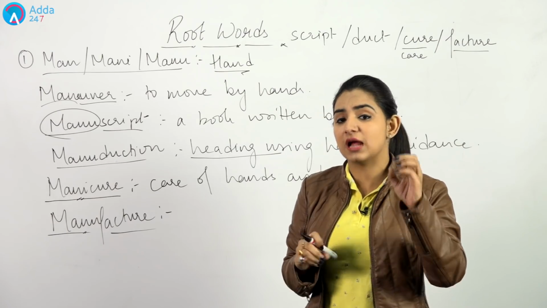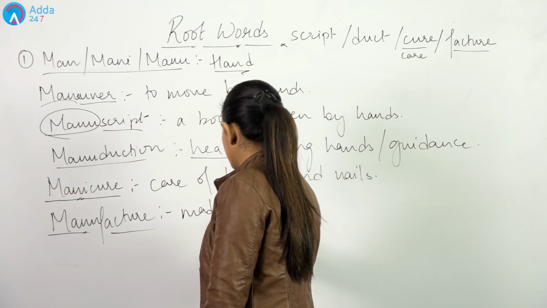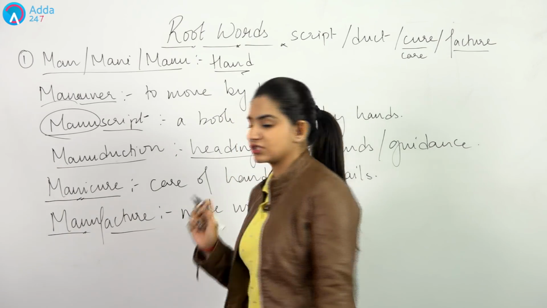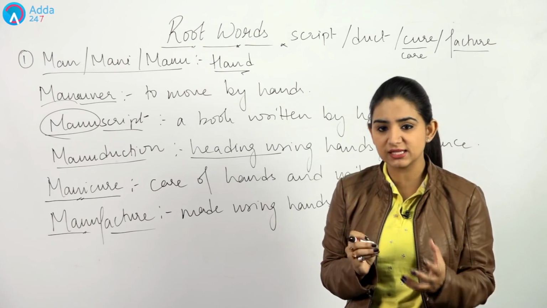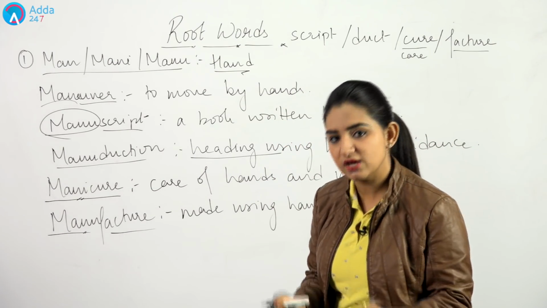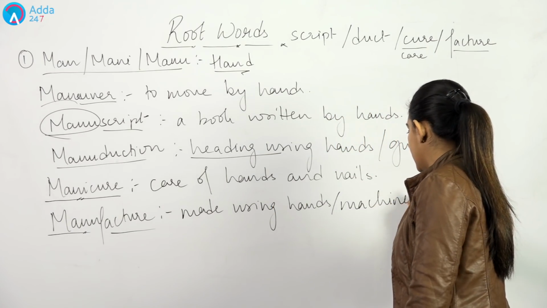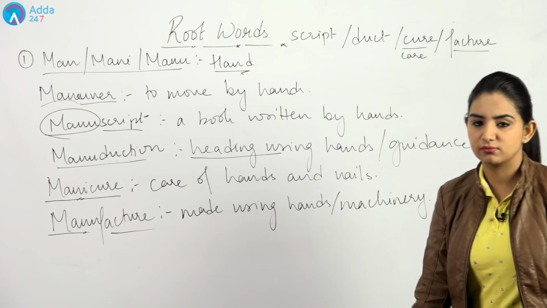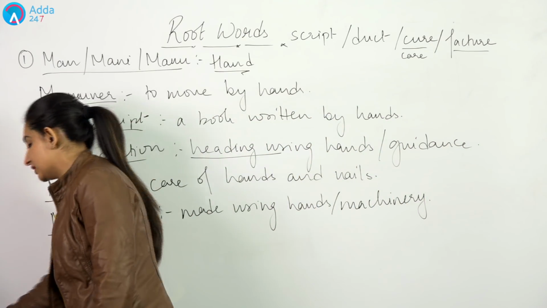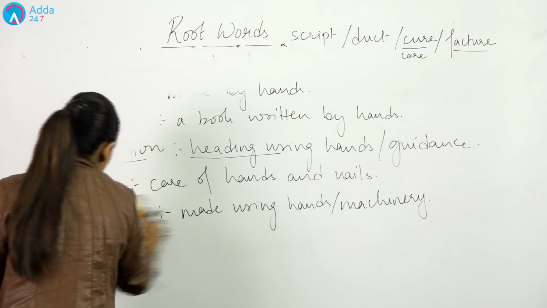But manufacture actually defines something made using hands. That is what we mean by manufacture. But now even if it is made through machinery, it is called manufacturing only, right? So when we say man, mani or manu, this defines association with hand.